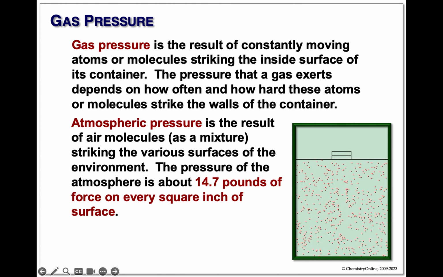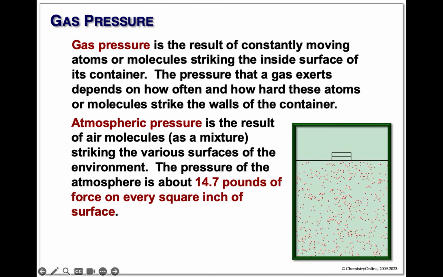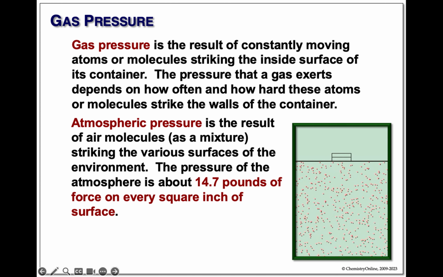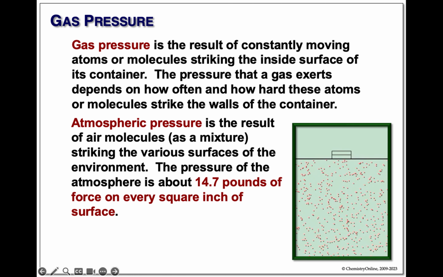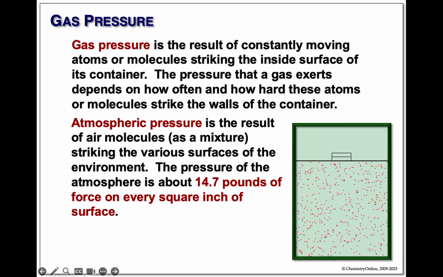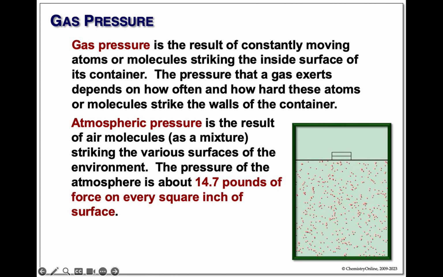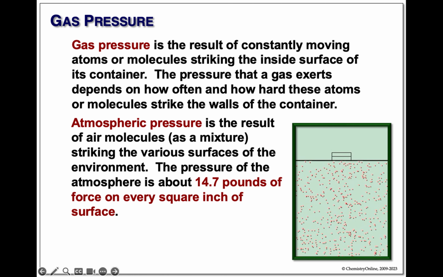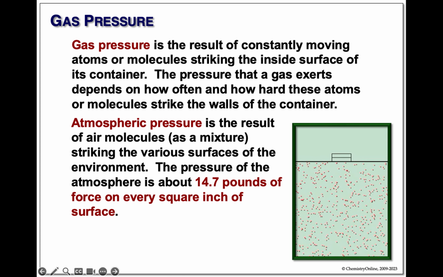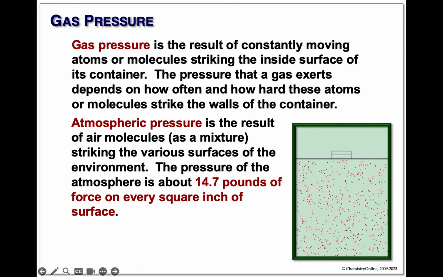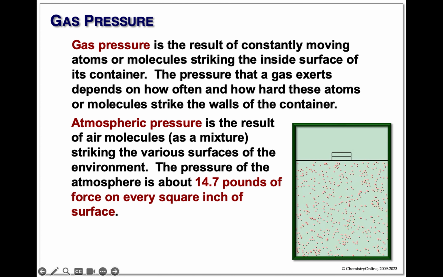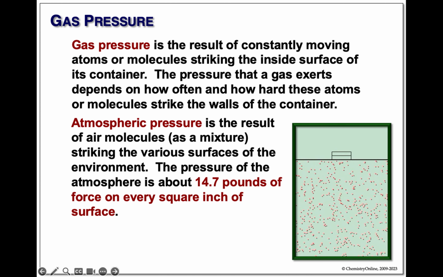Now this is for 500 particles. If you have lots and lots of particles in there, you can get lots of pressure, and this thing will be nice and stable. Air pressure, atmospheric pressure is referred to. The result of all the air molecules in the mixture running into everything, including us.